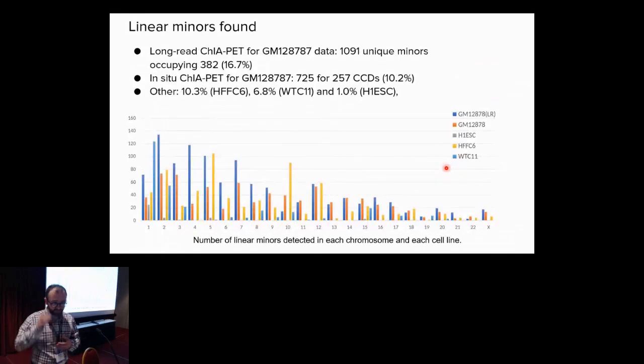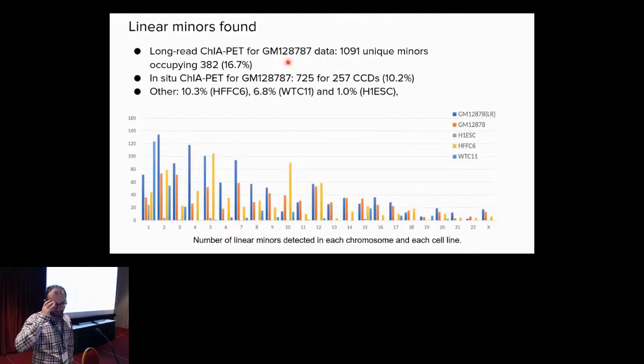We found a large number of regions that are candidates for linking with this linear algorithm, which I can remind you also searches only for a specific class of minors, so it's not everything. So potentially the full algorithm would detect more. There are thousands of minors occupying about 16% of all CCDs, of all regions that we detected.